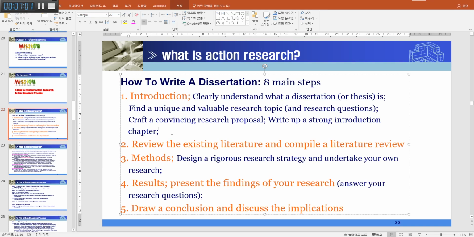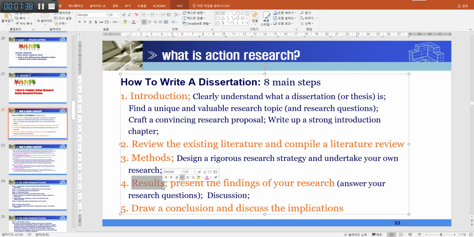And chapter 4 is about the result you have gotten through the research method, and the discussion. People usually miss this part. Whenever you present your research, you need to present your discussion as well. Discussion is about discussing the meaning of your result in light of previous research results. It's kind of a combination of chapter 2 and your result.